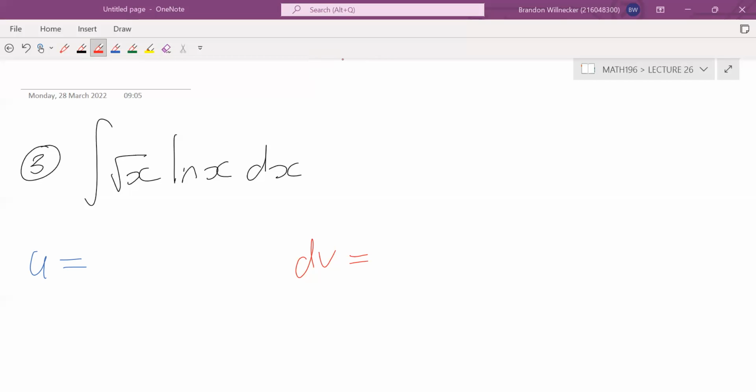Any ideas? Okay, so what is the derivative of the natural log of x? So just as a little aside here, d by dx natural log of x.